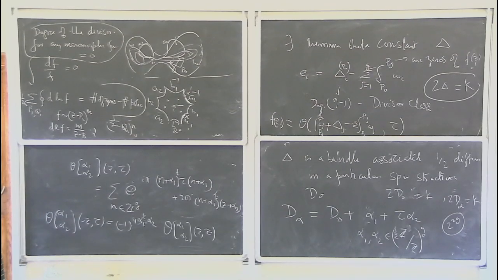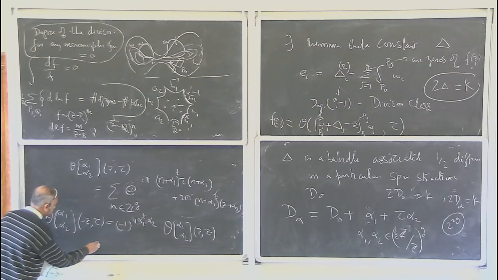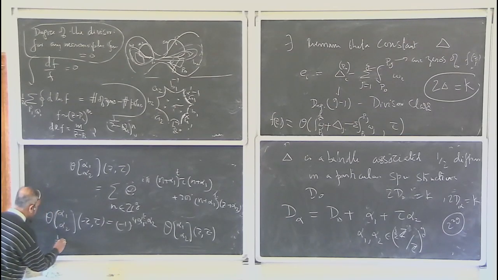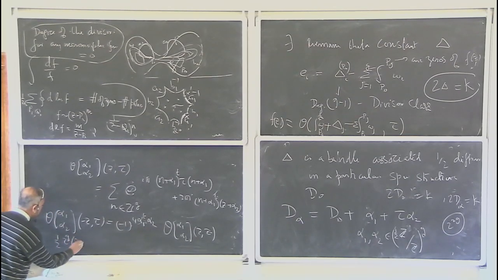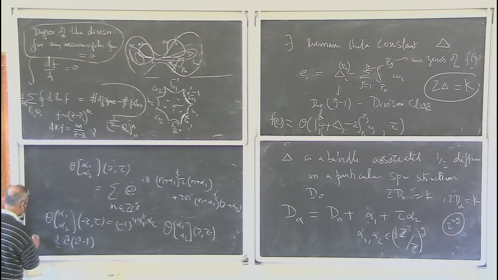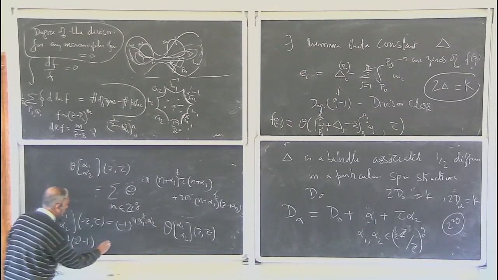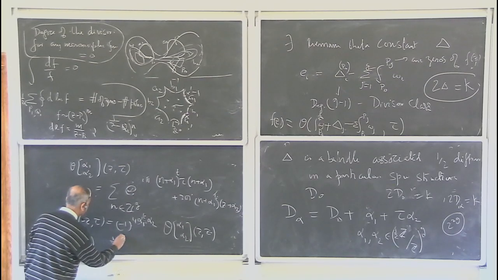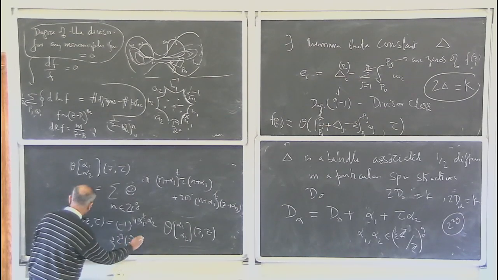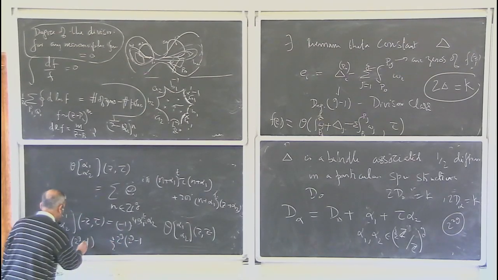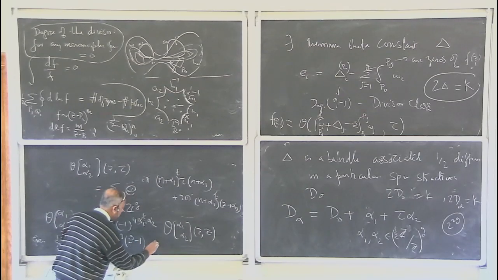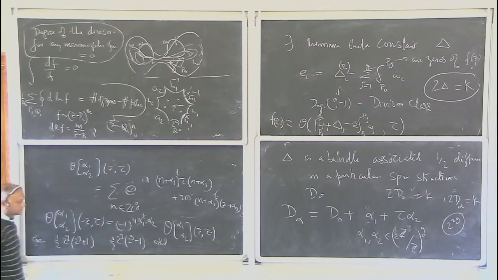So this will split into half times 2 to the g, plus 1, that will be the number of even ones, and half times 2 to the g, minus 1, that will be the odd ones. That's the way it decomposes.